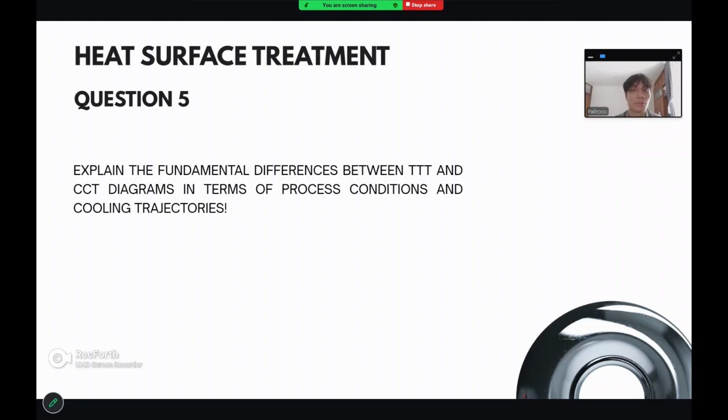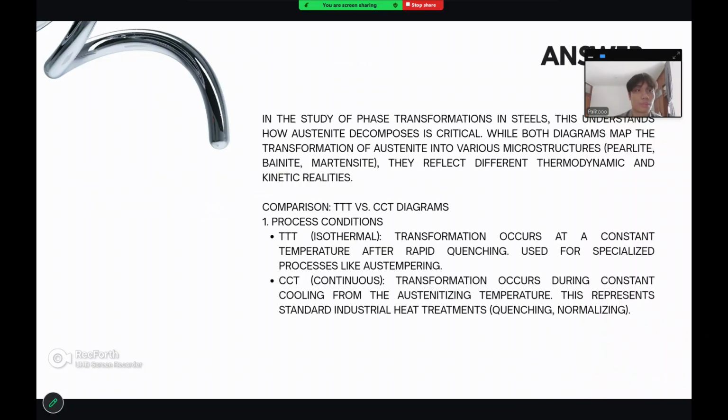Okay, so the next question is about the heat surface treatment, or HST. I've got question 5, and it is about explaining the fundamental differences between TTT and CCT diagrams in terms of process conditions and cooling trajectories.